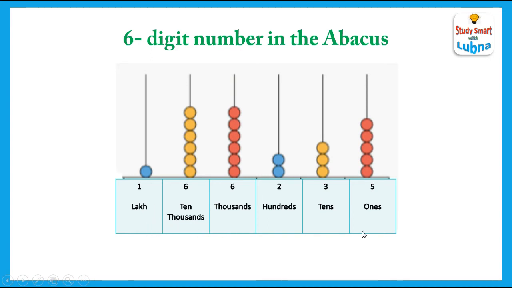So what are the place values of the number? 5 into 1 equals 5, 3 into 10 equals 30, 2 into 100 equals 200, 6 into 1000 equals 6000, 6 into 10,000 equals 60,000, and 1 into lakh equals 1 lakh. These are the place values of the digits given here, and the number we can read as 1,66,235.